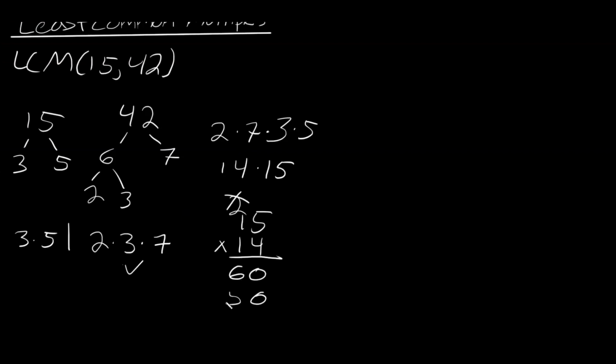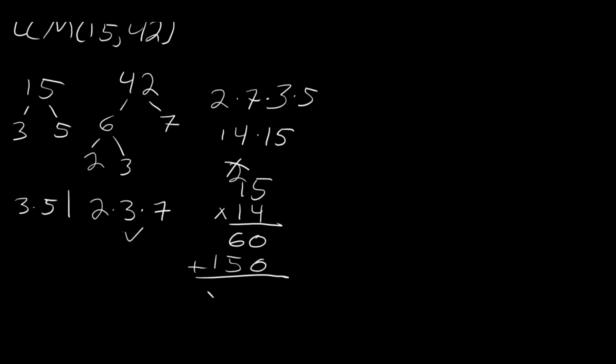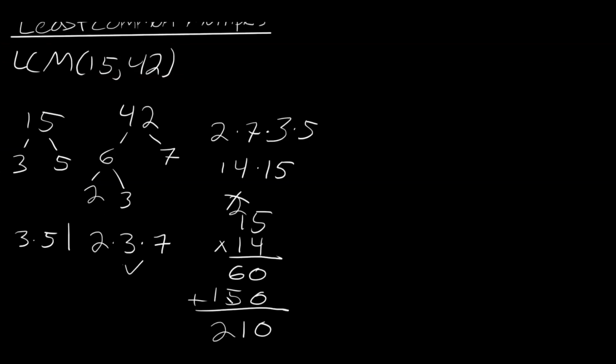This will be 5 and then 1, so this is 210, and that is our answer to the multiplication problem. So our least common multiple for 15 and 42 is 210.